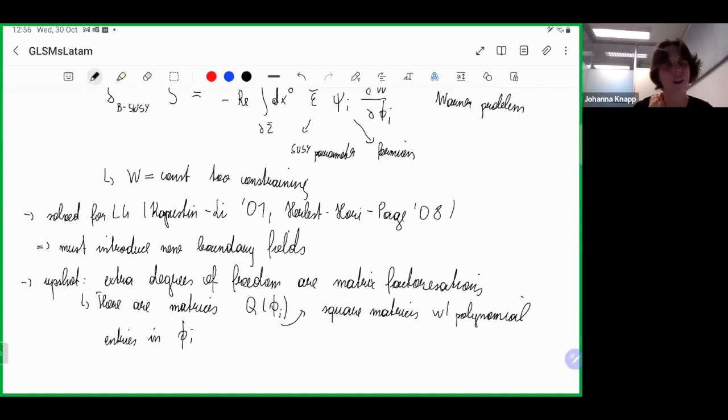So the bulk fields still are playing a role, but the fact that we have matrices sort of encodes these new degrees of freedom that we have on the boundary.